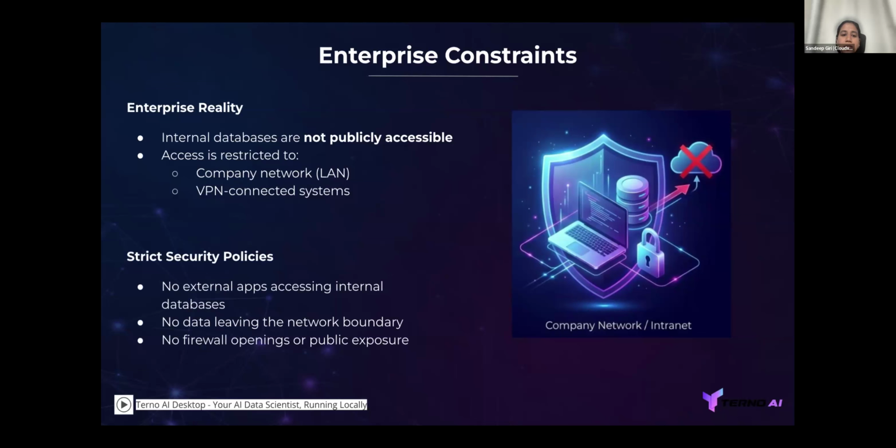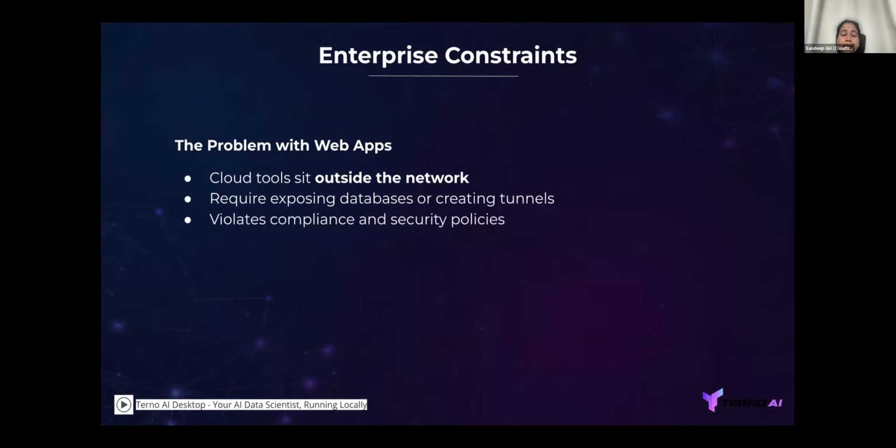So these strict security policies don't allow external apps to access the internal databases, and data leaving the network boundary, firewall openings and public exposure are also major concerns for enterprises. And that is a problem with web apps. When we want to use web apps, they need public accessibility for the data that is being exposed, which is not the case with enterprises usually.